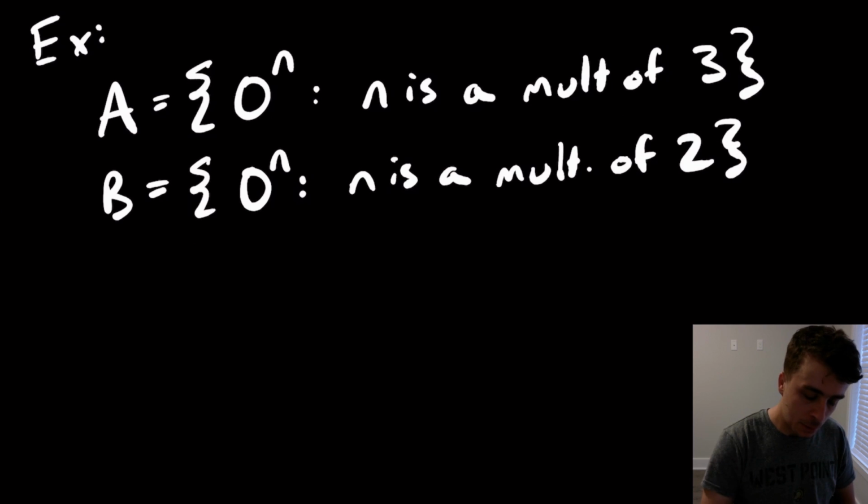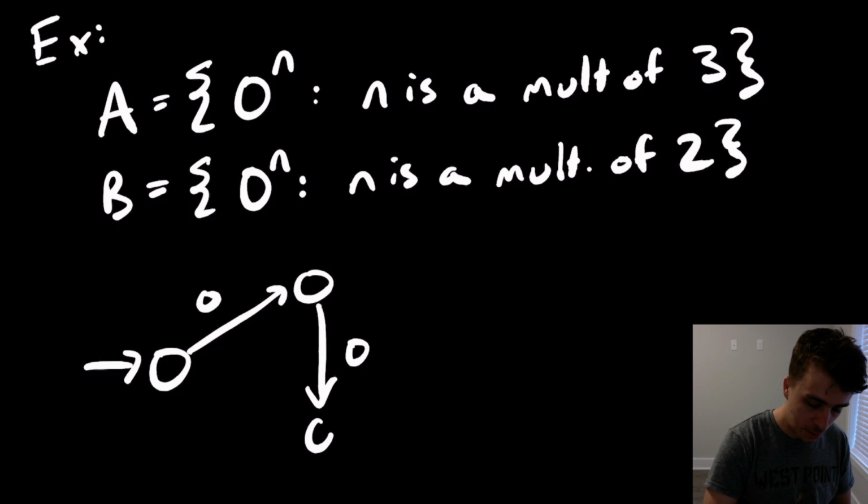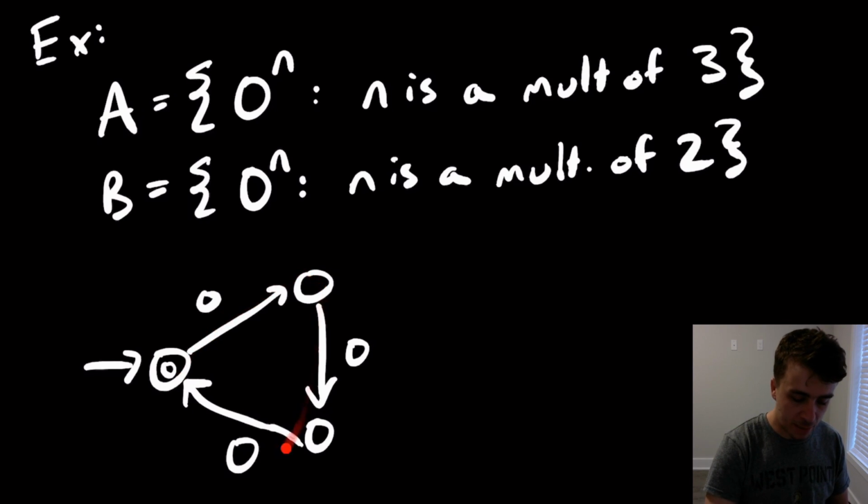Okay, so a DFA for A would be something like this. This is a relatively simple DFA to make. All we're doing here is making a cycle of length 3, so we're going to accept all the multiples of 3, which means we read 1 zero, 2 zeros, 3 zeros, and then continue on.